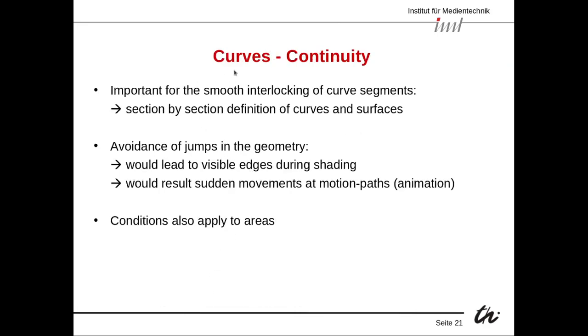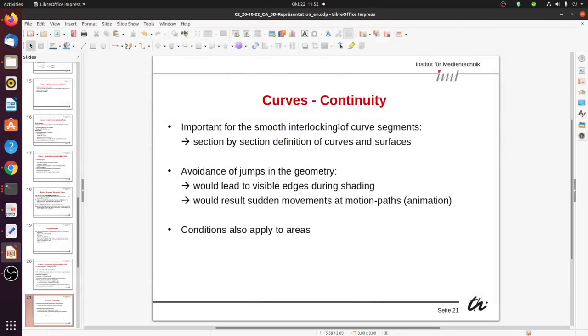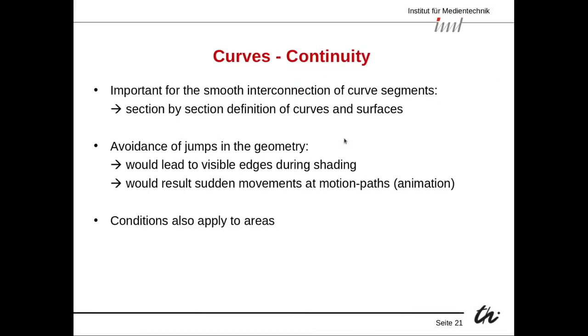Yeah, so the important property of curves is the continuity. We want to have curves which are smooth. So important for the smooth interconnection of curve segments is that we have a section by section definition of curves and surfaces.